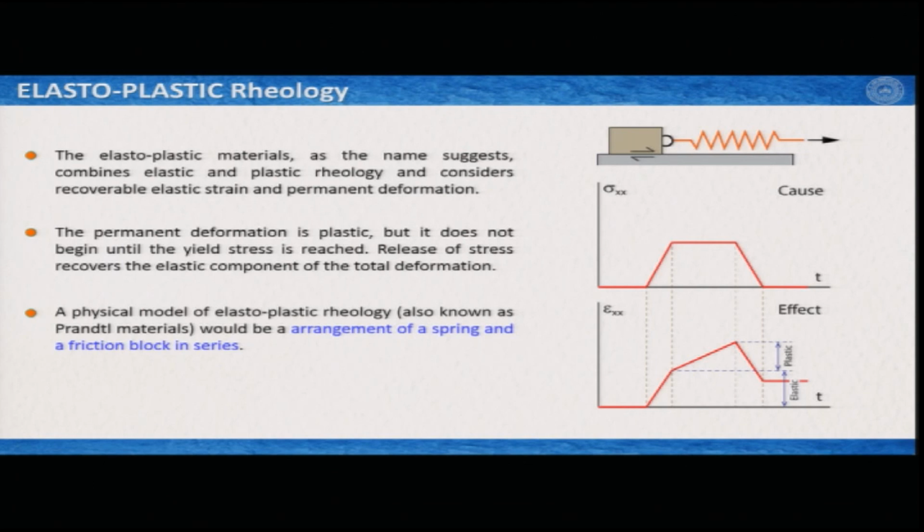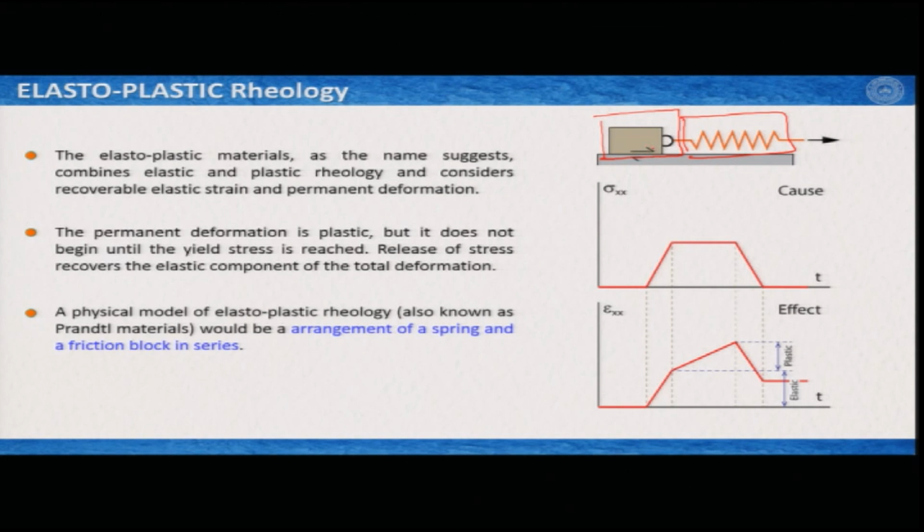Release of stress recovers the elastic component of the total deformation, and the physical model, in a simple way, we can see when we add them in series. Here I have the spring block, and then I have the friction block here, and if I pull the spring, the spring slowly expands because of the force I am applying, and this spring also transfers the pulling load to this friction block.